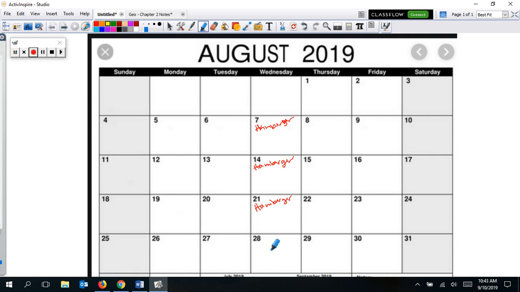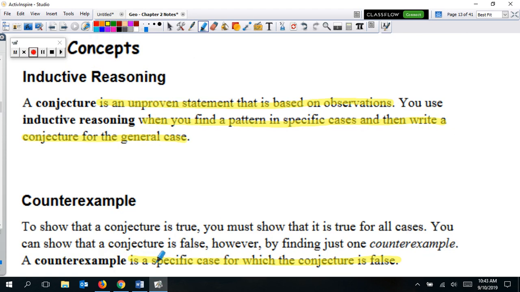And so that's a counterexample. The fact that that specific case, when we saw the ketchup and had hot dogs, blew our whole argument out of the water. Yeah, you just need one counterexample to disprove the whole inductive reasoning. So that's why it's easy to destroy inductive reasoning. It's hard to prove it, though.